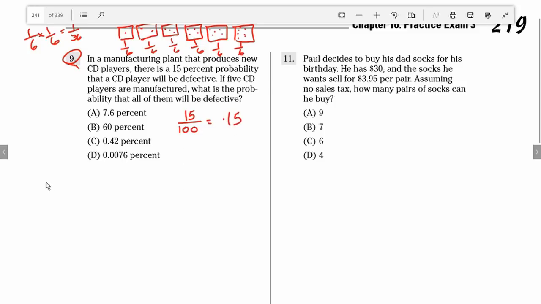So you can either do it this way, or this way.